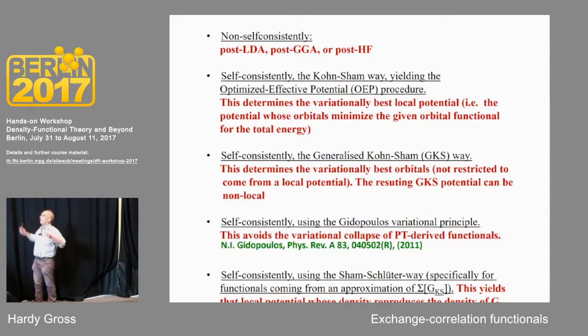So you're given that functional, and you do it post-LDA, post-GGA, or post-Hartree-Fock, let's say. You do a Hartree-Fock calculation for that system, and plug in the density and the orbitals of that Hartree-Fock calculation into the functional. So non-self-consistently.